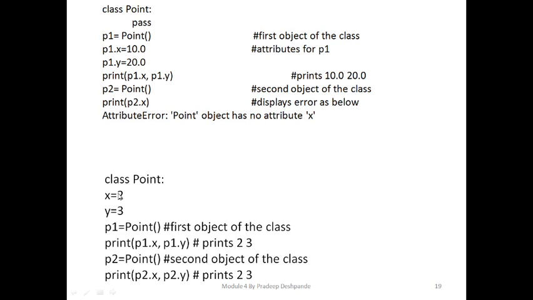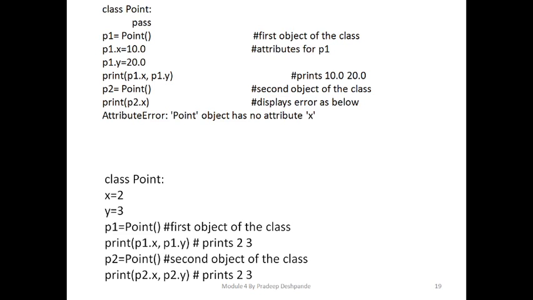So this is another example. Speaking about class attributes, class Point has x equals 2, y equals 3. Both are class attributes. So if I define two different objects p1 and p2, and try to print p1.x, p1.y and p2.x, p2.y, they will be printed.